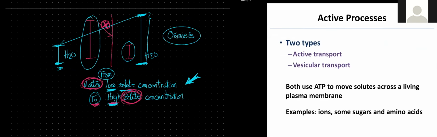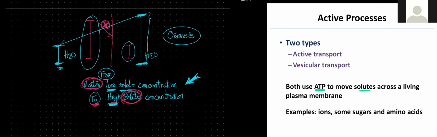Moving on to the active membrane transport, active processes. We have two types of active processes. Both of them will require ATP, and ATP is the currency by which you're going to be paying for energy to move the solutes across the living membrane.